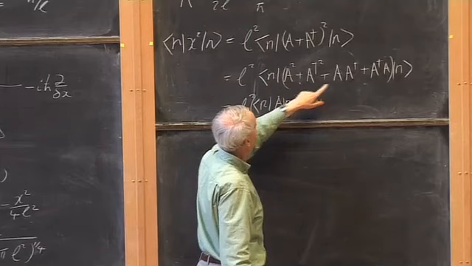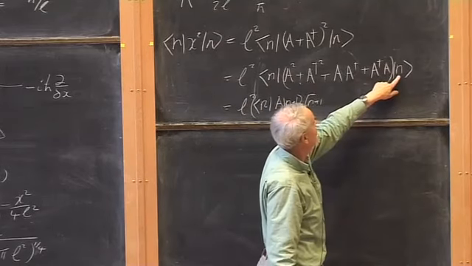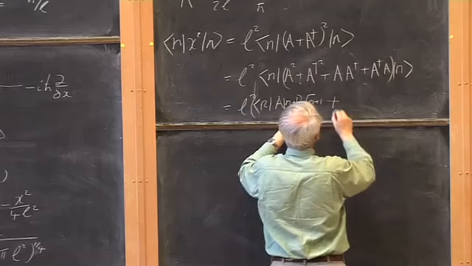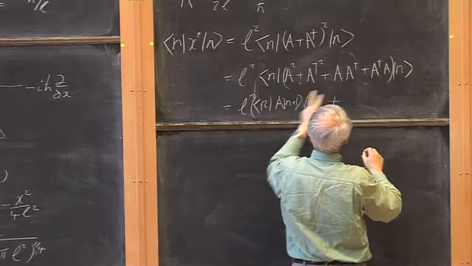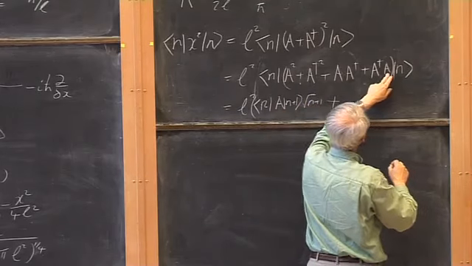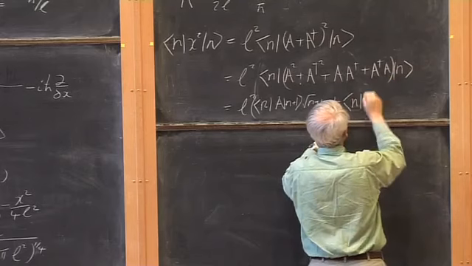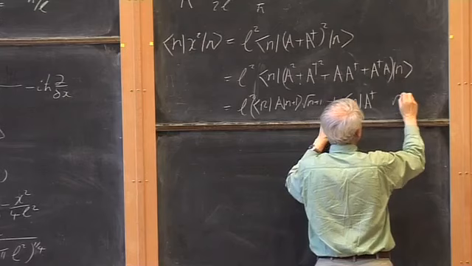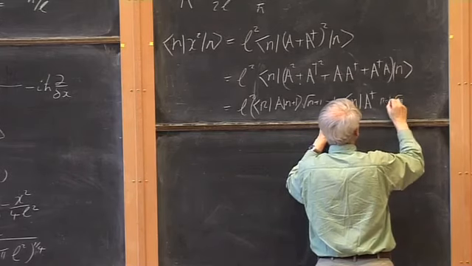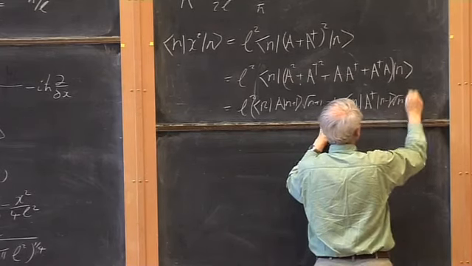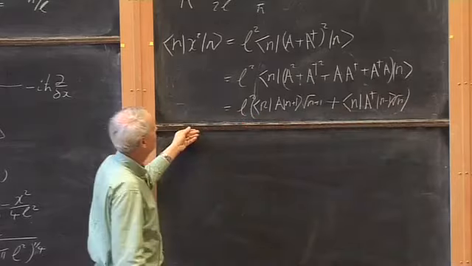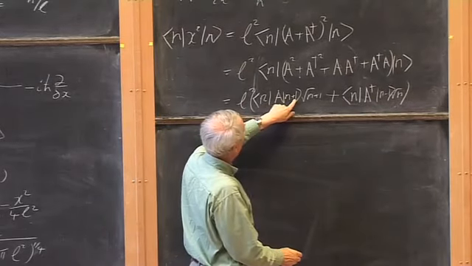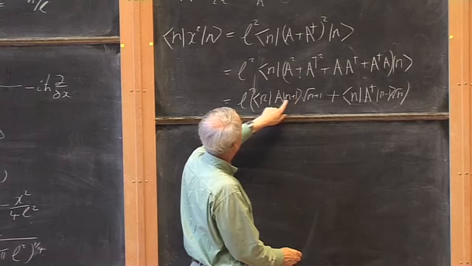Right? This A dagger, working on that, will produce root n plus 1 times n plus 1. And then I've left the other A to be done, and here we're going to say that this is equal to n A dagger times the result of A working on that, which is root n times n minus 1. Remember, it's the square root of the largest integer occurring in the equation. And then this A is going to produce a root n plus 1 times n, which will couple with this and produce 1.